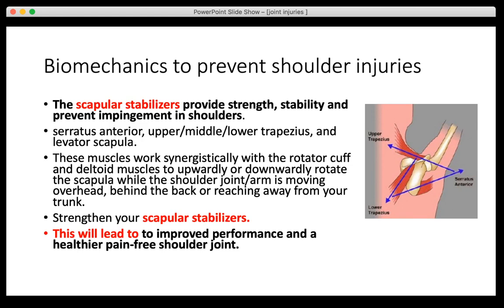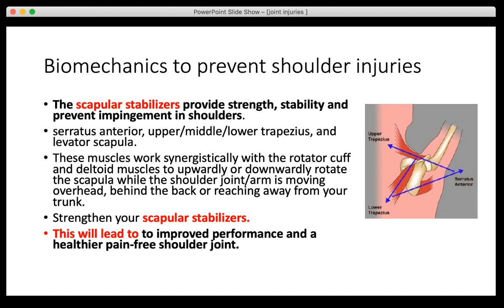So always involve them in your training and keep them in focus, to strengthen your shoulders so that you can prevent injuries due to wrong technique.